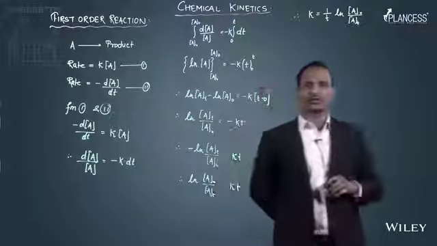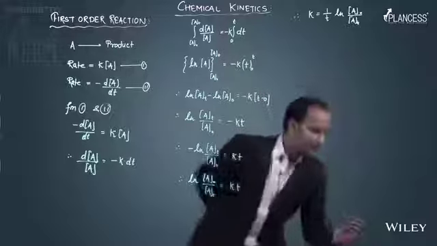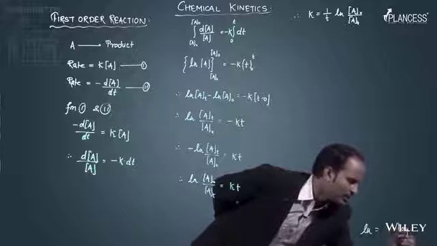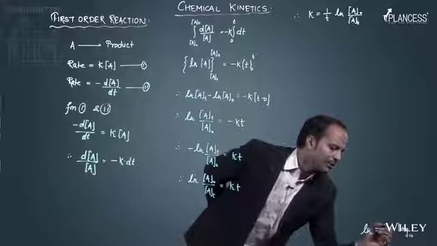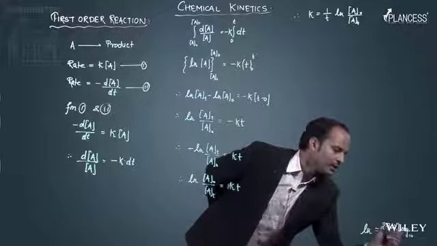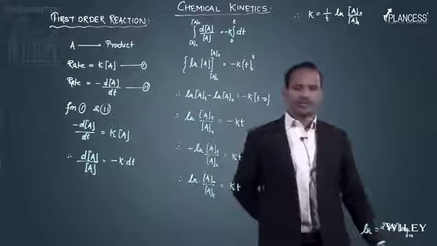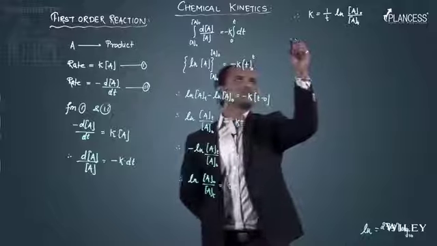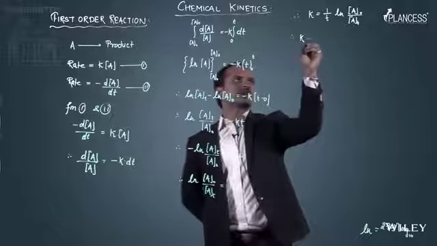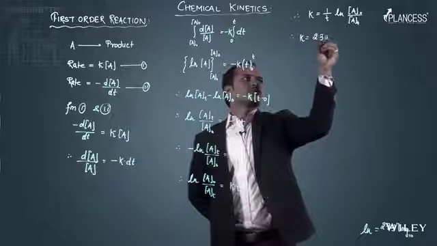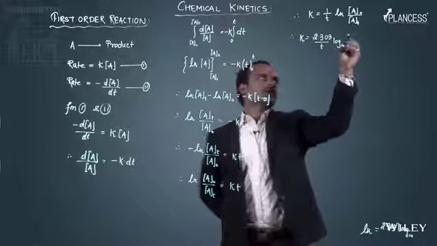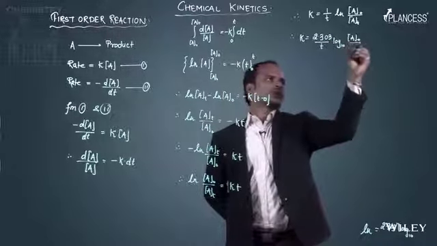If I want to convert it into log to the base 10, we have a relation: multiply by 2.303. So instead of ln, I write 2.303 into log to the base 10, to remove ln from here. So K is equal to 2.303 upon t log to the base 10 of A naught upon At.